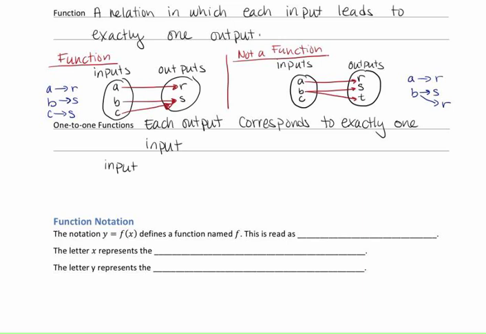If these are my inputs, A, B, C, and my outputs R, S, T, I'm going to have A go to R, B go to S, and B also go to T. Oh, excuse me, C also go to S. If you notice, the output of S corresponds to two inputs. That is, both B and C lead to S. So this is not one-to-one.